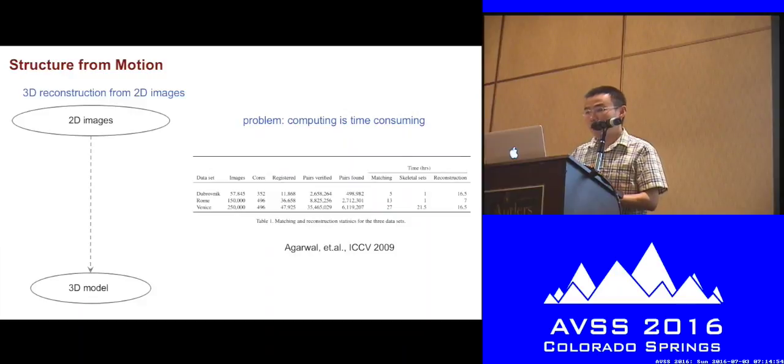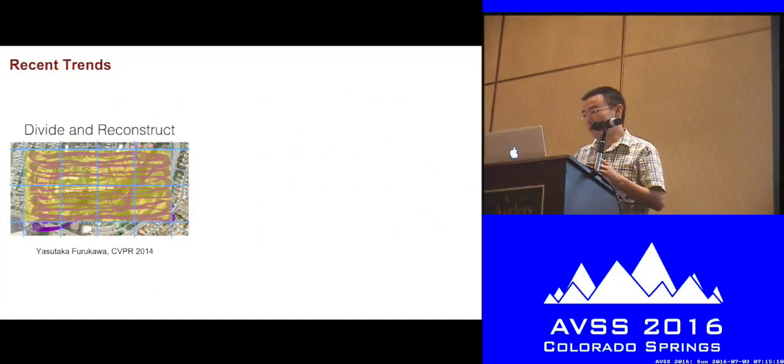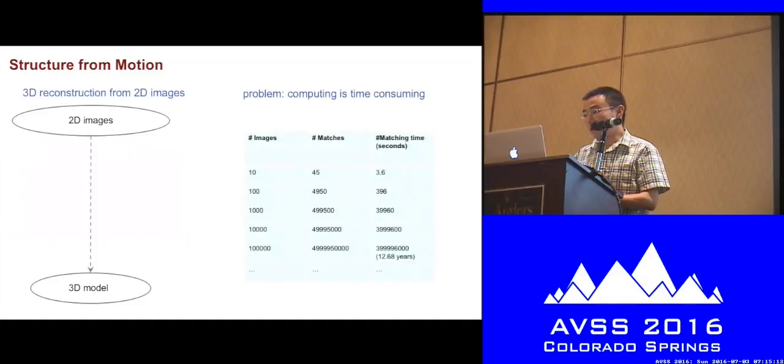For example, in the Building Rome in One Day paper, they used a cluster with more than 300 cores, and it took about 1 day for this many images. Even though right now there are GPU implementations to improve the speed, if the image number grows really large, it's still very time consuming.